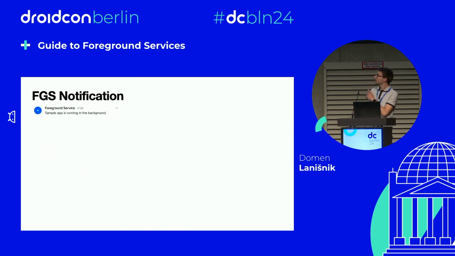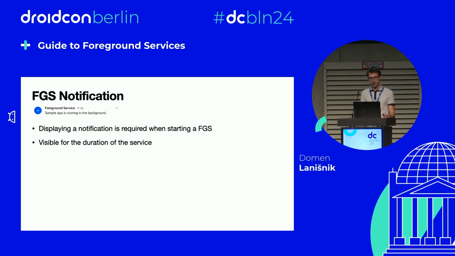So yeah, foreground service notification. We said before that each foreground service needs to display a notification, so it's visible to the user. This notification is typically visible for the duration of the whole service. It's a regular notification, so all of the rules apply.